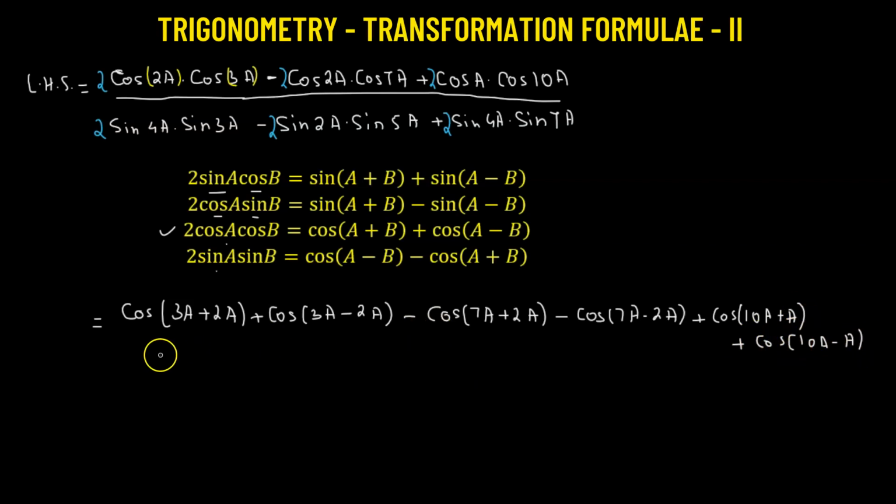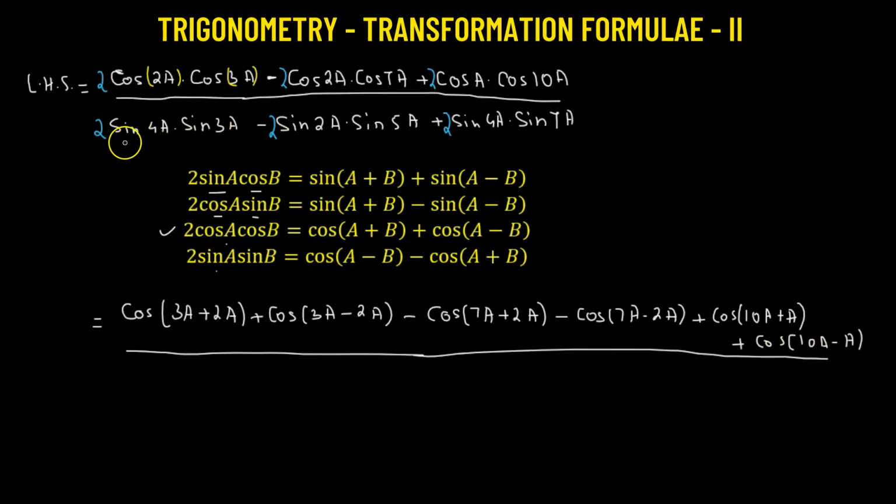Okay, let's come back to the denominator. In the denominator, we have the product of two sine functions, so we'll have to use this particular formula. So we have cosine of angle 4a minus 3a minus cosine of angle 4a plus 3a. Then we have minus 2 sine 2a sine 5a.